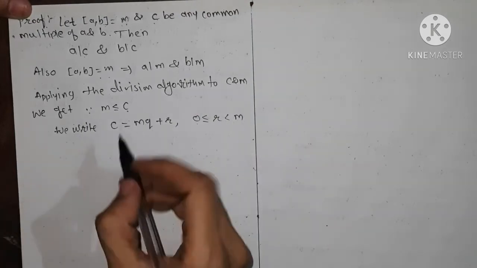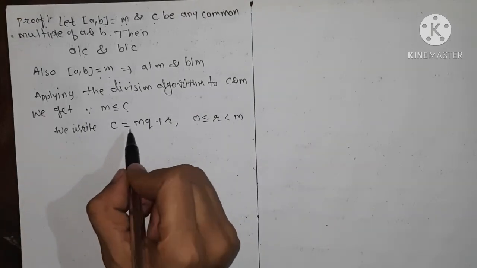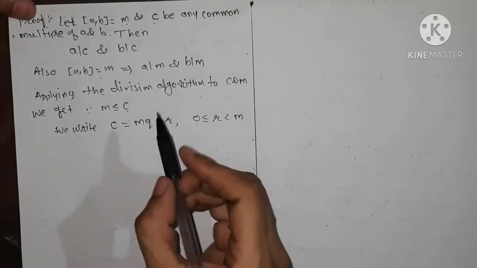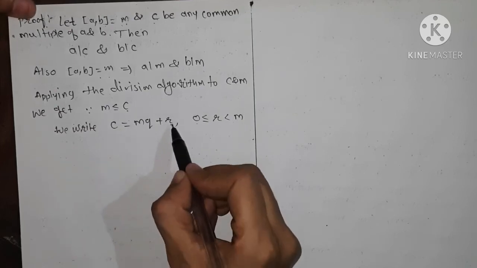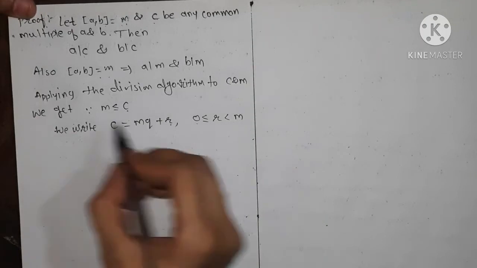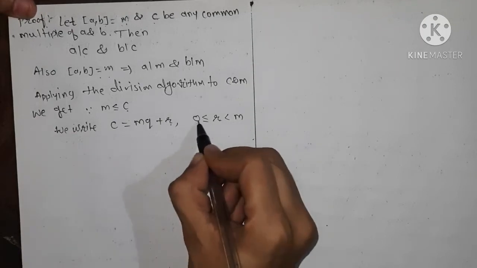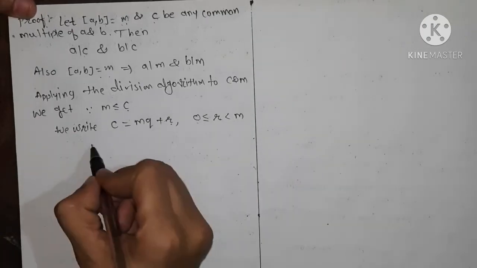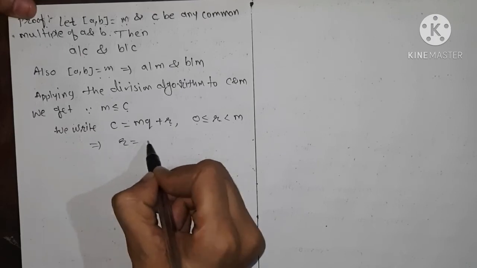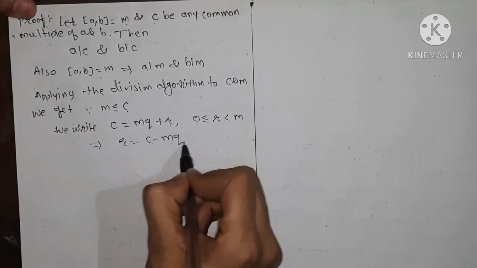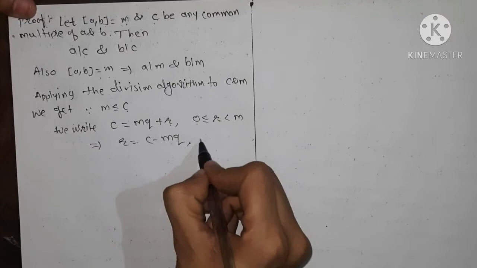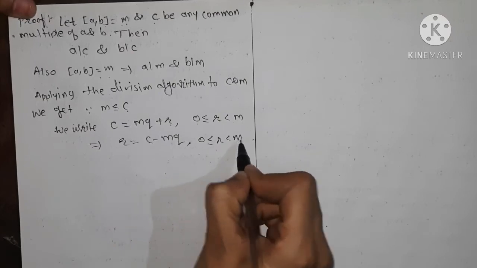Okay, here the condition is that r is either positive or 0. This implies that r is written as c minus m times q, where 0 is less than or equal to r, less than m.